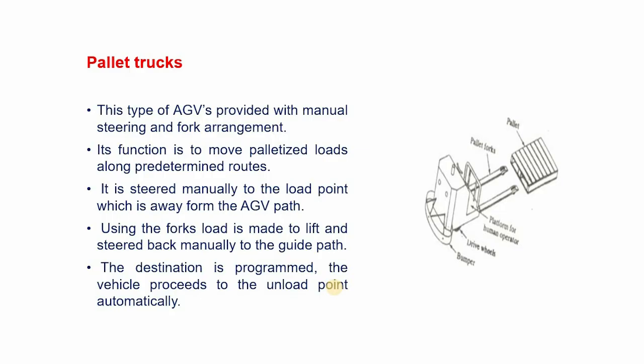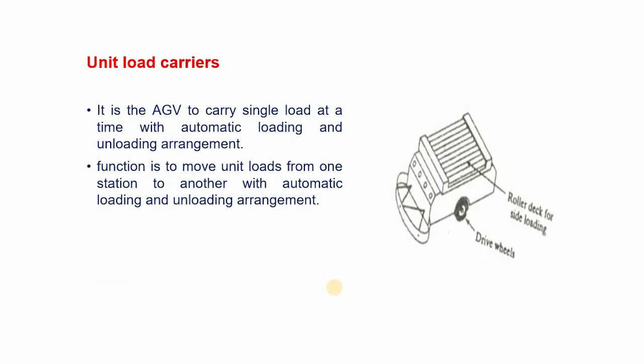So here it lifts, and it helps to steer back and guide the proper path in the automated vehicle system in the industry. The destination is programmed. The vehicle proceeds to the unload point automatically. So the destination, where to dispatch or deliver the materials, is already programmed. The vehicle proceeds to unload the materials automatically based on the programs.